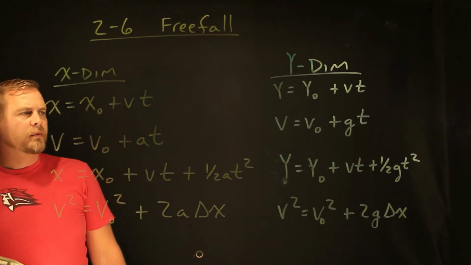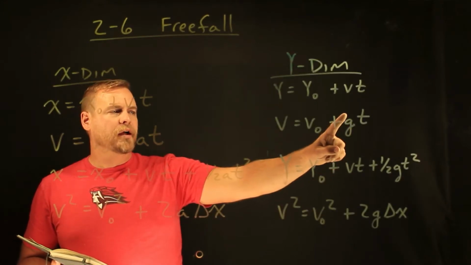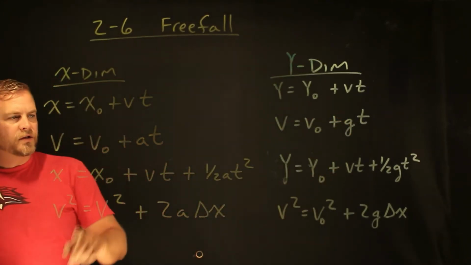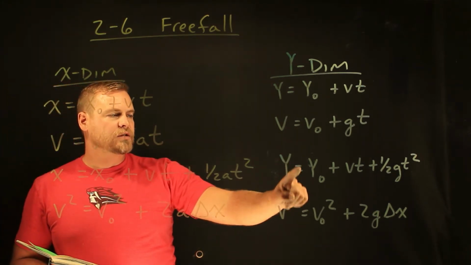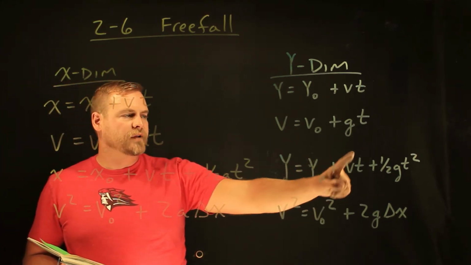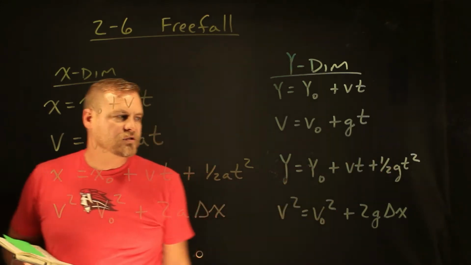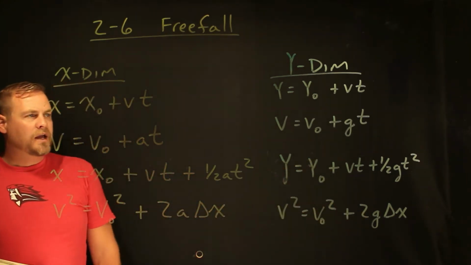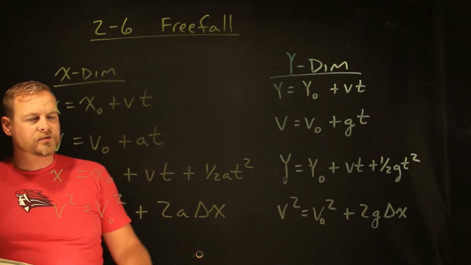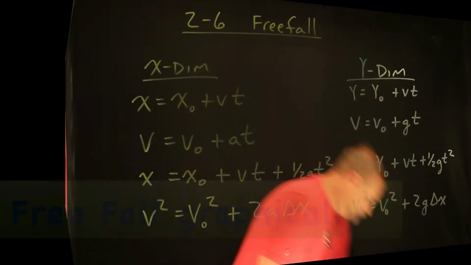We're really talking about the acceleration in the Y dimension, which is typically that gravity. And so you'll see when we combine them that the Y position is equal to the initial Y position plus the velocity times time plus 1/2 gravity times t squared, and so on and so forth. So you'll see the A substituted with G, and you'll see the X's substituted with Y. Don't let those mess you up.